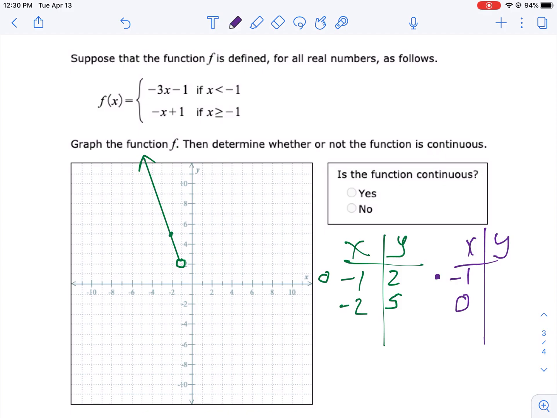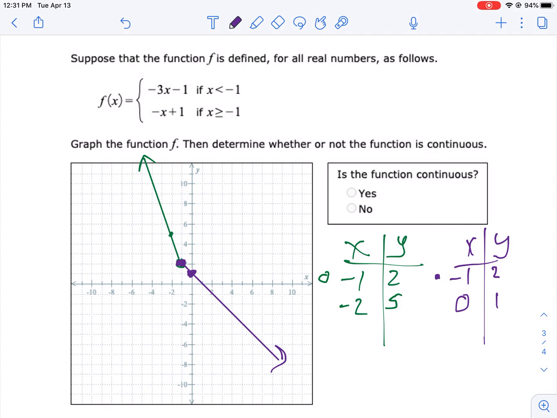Notice they're at the same point, aren't they? So I'm just going to fill this graph in. So -1 and 2. And I'll put in 0. Well, the opposite of 0 is 0. 0 plus 1 is 1. So I'll graph 0 and 1. And then I'll draw a line, or a ray in this case, going through those 2 points.